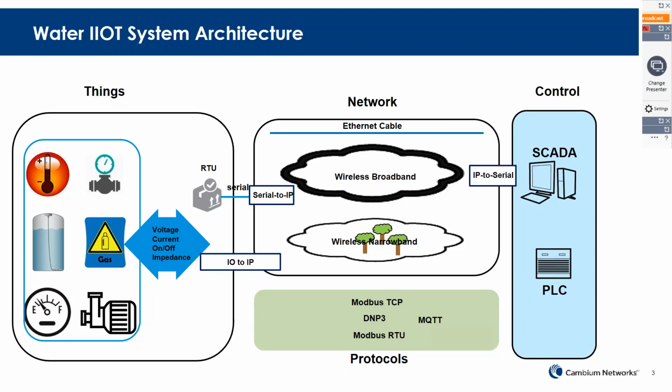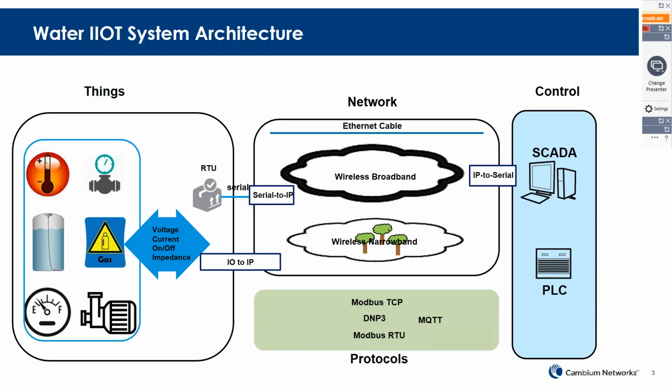For example, the I/O to IP device can act as a Modbus TCP slave, and then the controller, such as the SCADA master, can send a Modbus TCP request to query certain sensor data, and the I/O to IP device will just respond. And in case of automatic control, like using PLC, the PLC may make some smart decision.